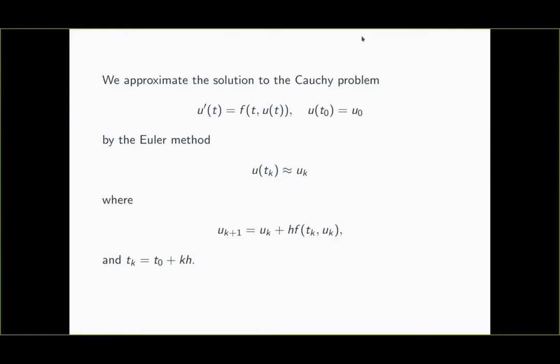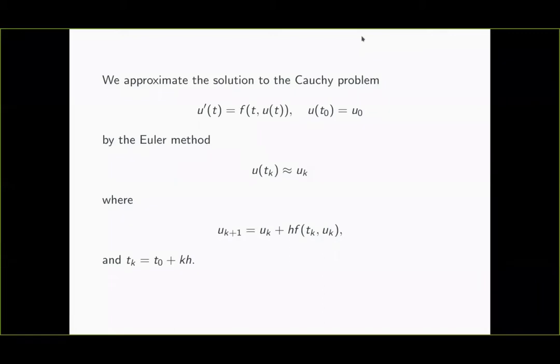So at every time step tk, we approximate the solution u by uk, and these uk are defined recursively. uk plus 1 is defined as uk plus h times f at tk and uk. And here in this case, tk is defined as t naught plus k times h.